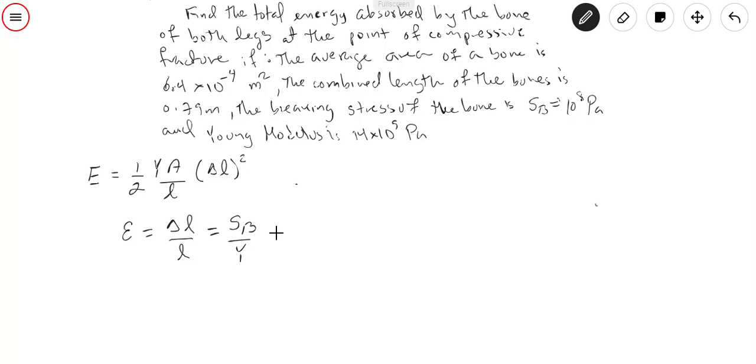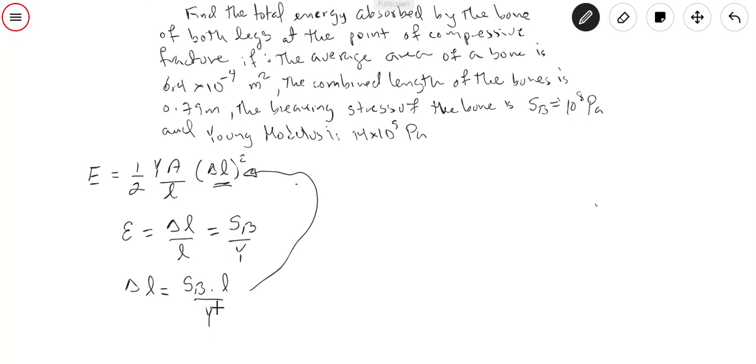So remember Hooke's law. So now making delta L over L equal to SB over Y, and we solve for delta L, we have delta L is equal to SB times L over Y. So this would be the expression of delta L.